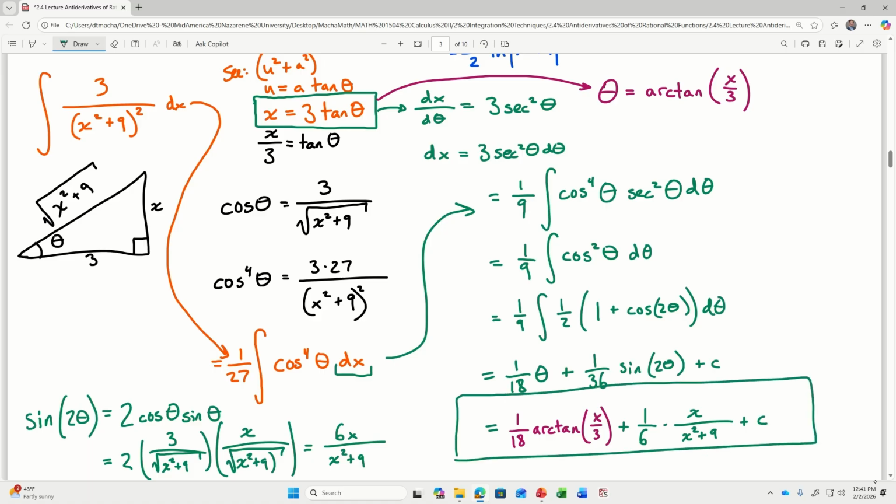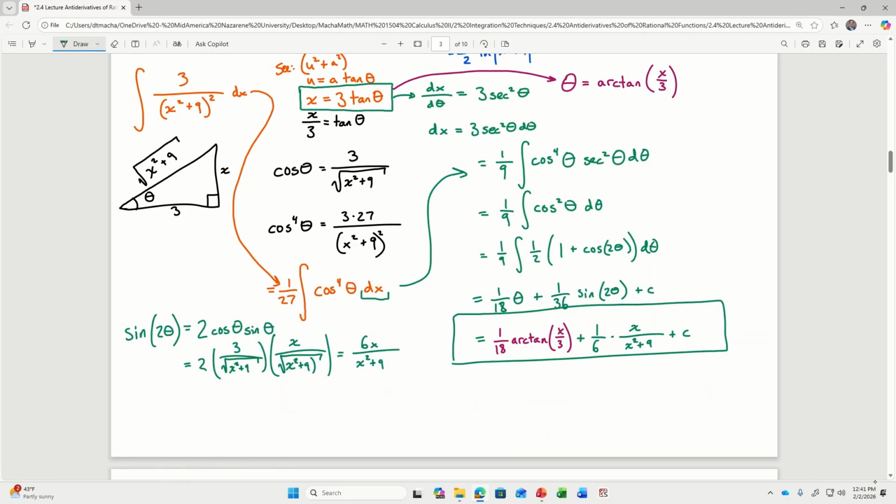That is the answer to the second part of my integral, right?